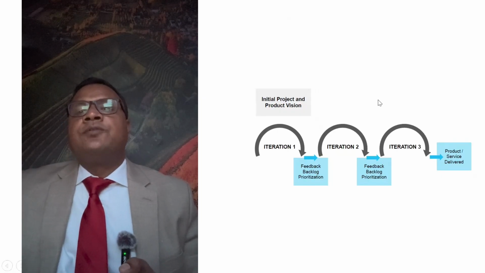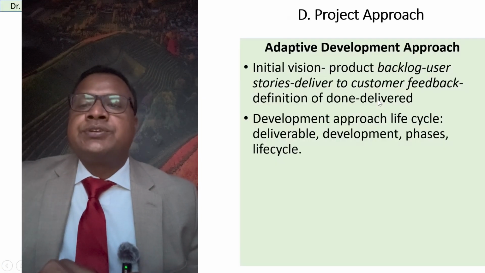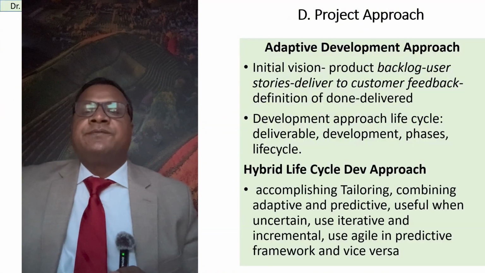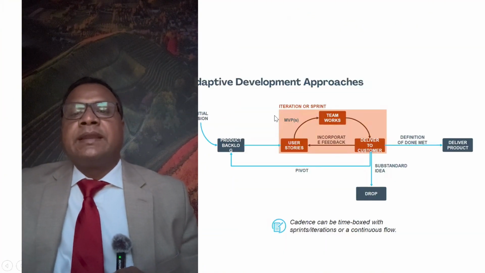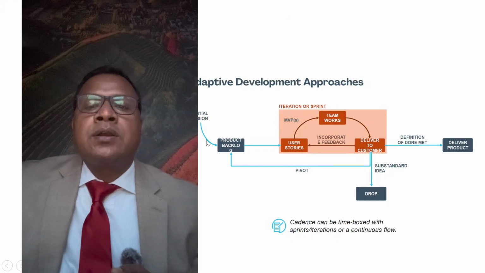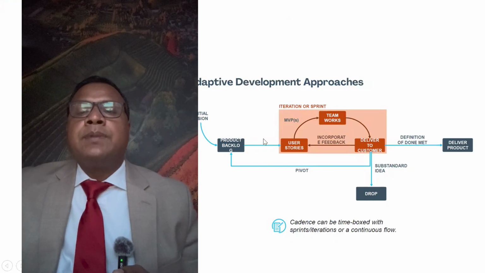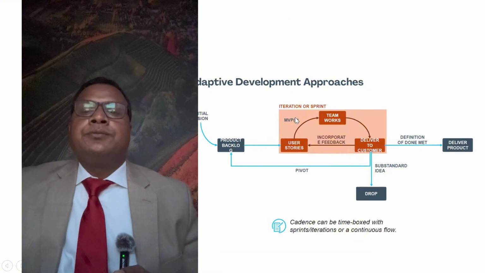And now we'll be focusing on the adaptive development approach. This one we can show in a figure here. You see that at the beginning we have a product backlog, and from this point we have the minimum viable product. We can use the user stories, and based on the user stories, we can work on it.